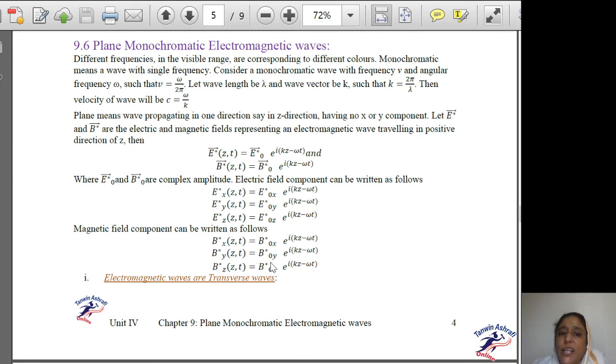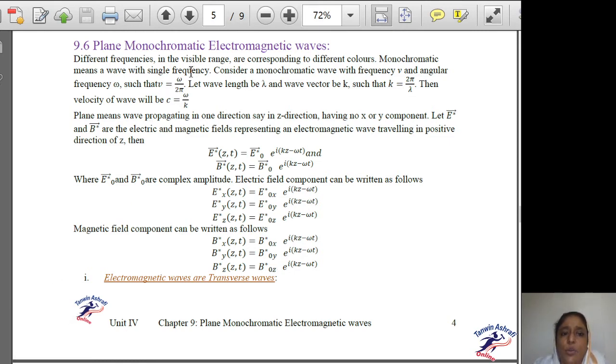Plane monochromatic electromagnetic wave. Different frequencies in the visible range correspond to different colors. Monochromatic means a wave with a single frequency. Now consider a monochromatic wave with the frequency nu and the angular frequency omega.